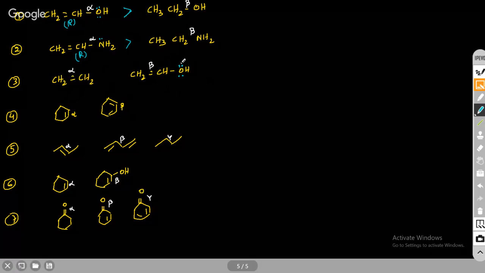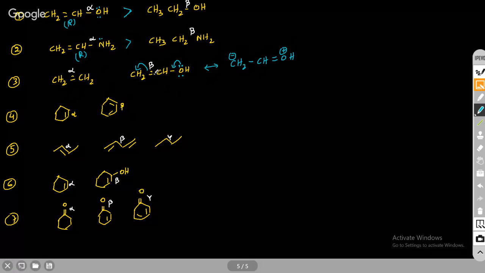Since I have given you the carbon-carbon bond to compare, because of resonance, what happens? This bond will jump over here, and the resonating structure will be CH2 negative charge, single bond CH, and double bond OH positive charge, right? Now in this structure we have a single bond here.